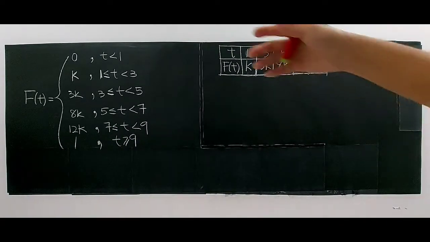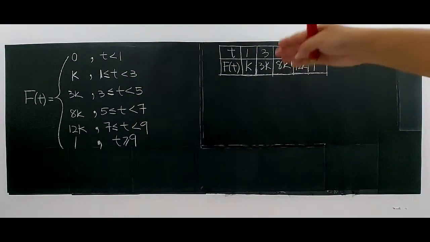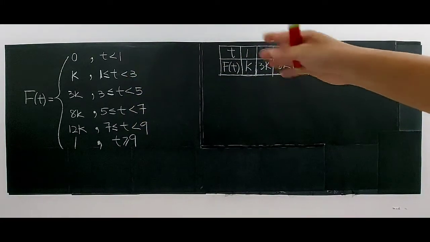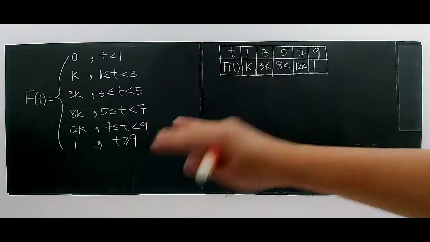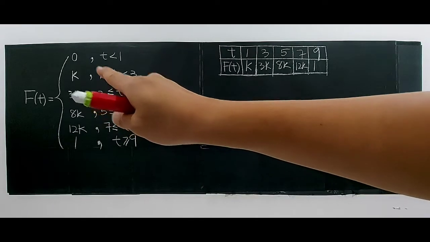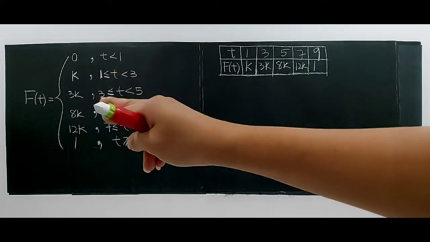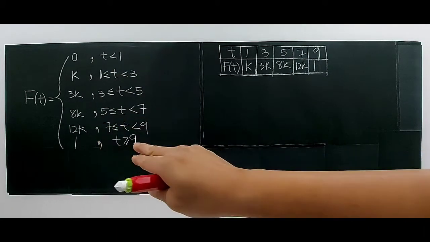Now I have rewritten the cumulative distribution function into a cumulative distribution table. You must know how to rewrite this. Very simple: there is an equals sign here, so start with the value of 1 and equals 3. There is no 2 here, so 1, 3, equals 5, equals 7, equals 9.